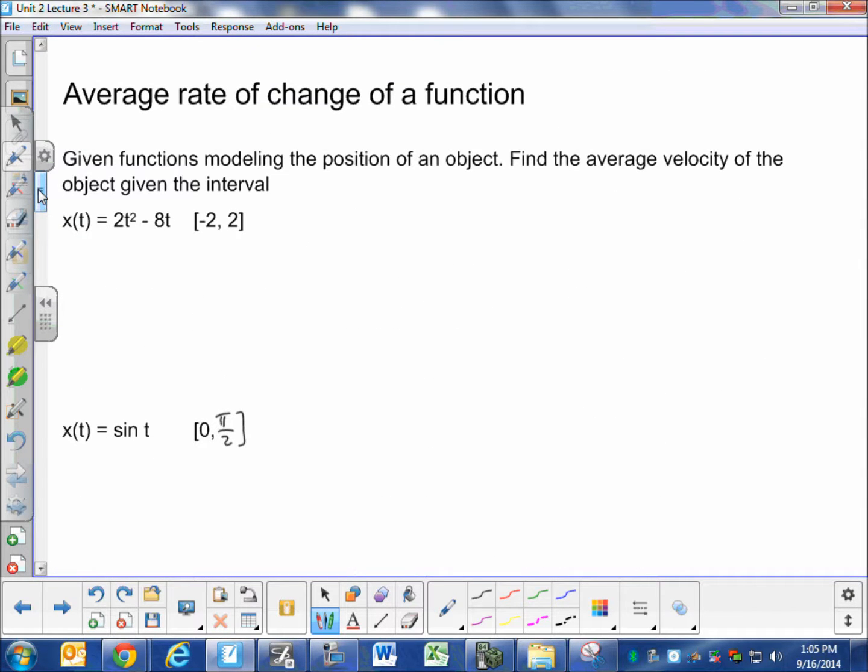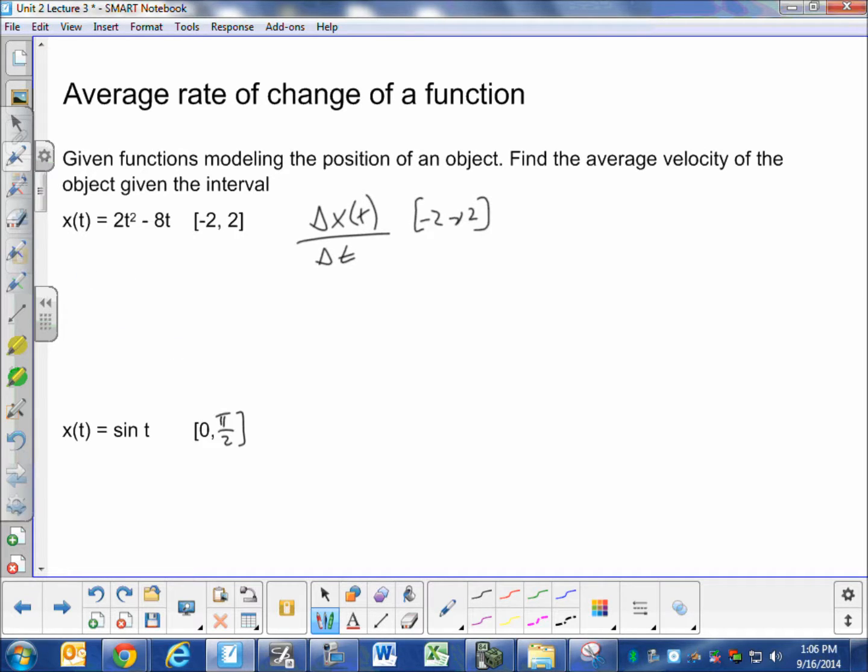Well, I can do the same thing: given a function, I can find the average velocity of an object whose position is modeled by some equation. And this is easy. If I want to find the average velocity given this position, I just take my change in position divided by my change in time over the interval from -2 to 2.